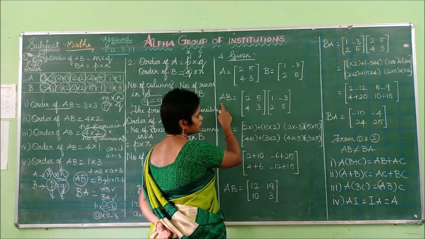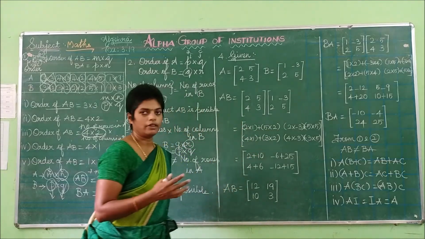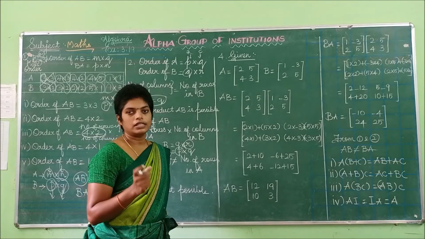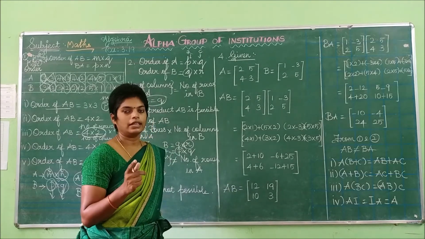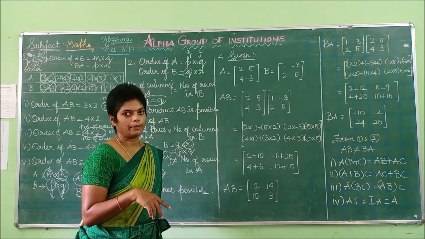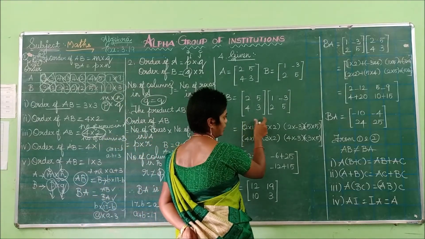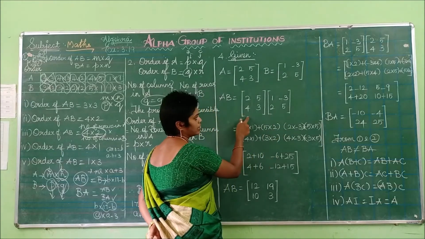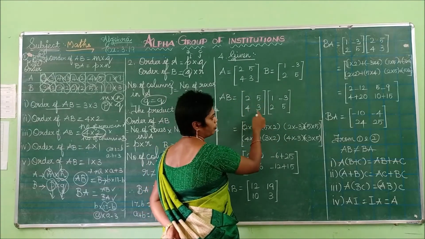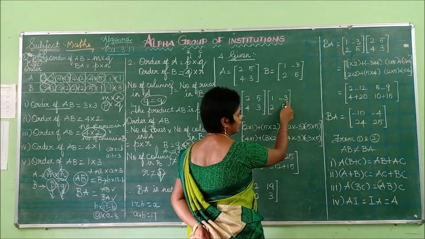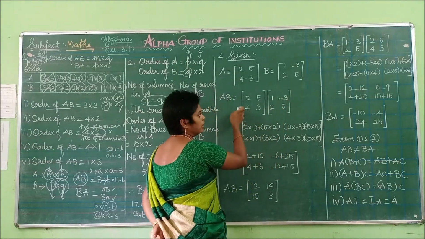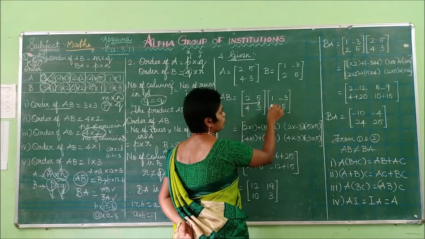So listen here, for addition and subtraction you have learned already. If the order is same, you can add or subtract the corresponding elements. But for multiplication, you have to look carefully. First, you write matrix A and matrix B. Here, matrix A is 2, 5, 4, 3. B is 1, minus 3, 2, 5. Then listen, this is our row.